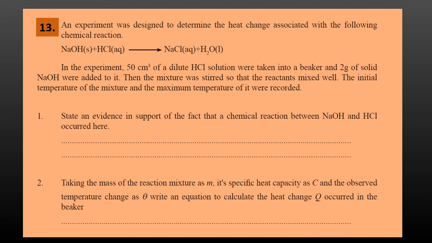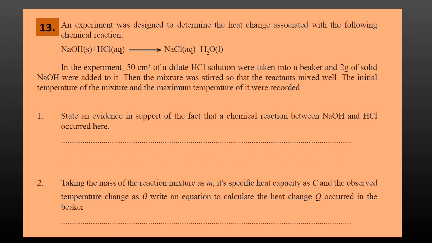In the experiment, 50 cubic centimeters of a dilute hydrochloric acid solution were taken into a beaker and 2 grams of solid sodium hydroxide were added to it. Then the mixture was stirred so that the reactants mix well. The initial temperature of the mixture and the maximum temperature of it were recorded.